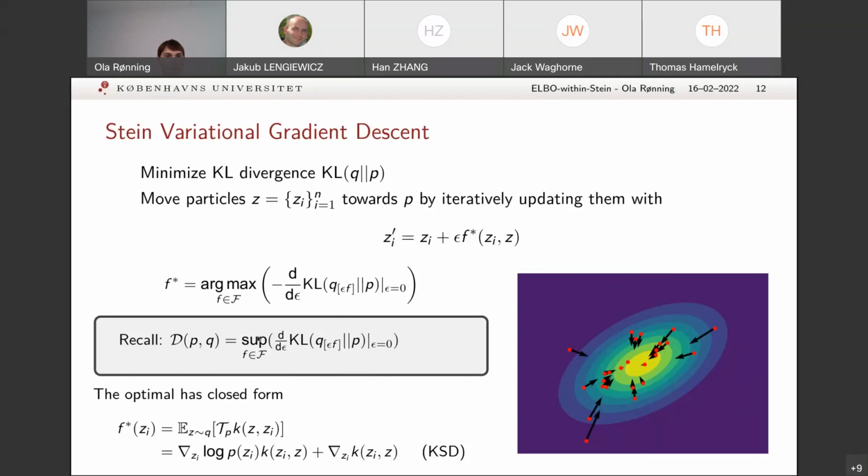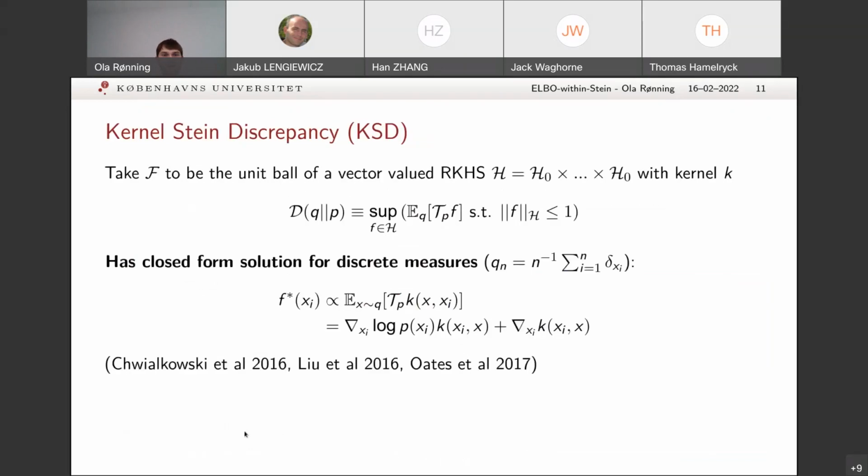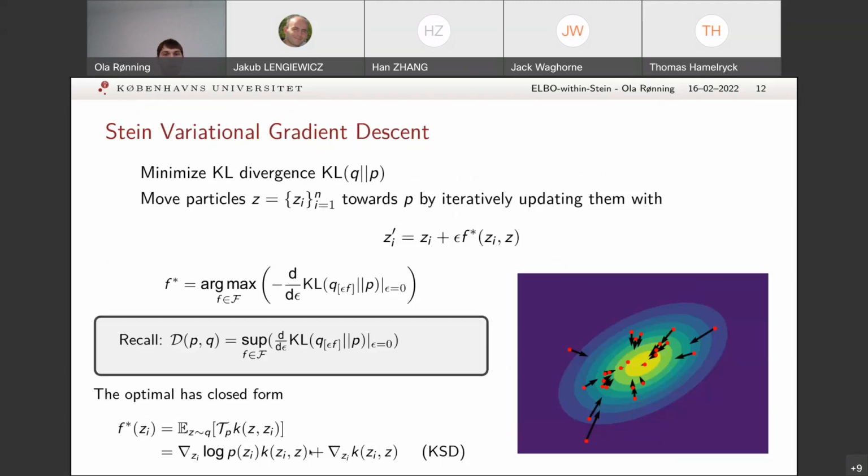And remember, this is directly related to the kernel Stein discrepancy through this relation. Because we've chosen our Stein class carefully, we can actually directly compute this optimal by the closed form here.